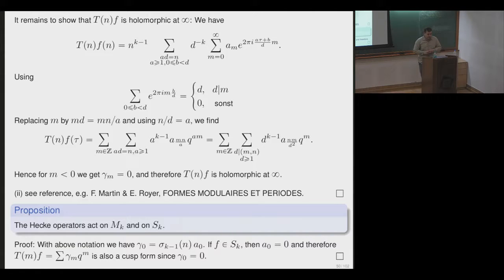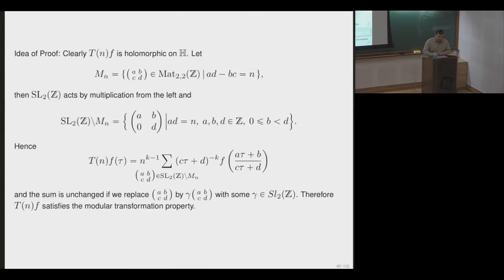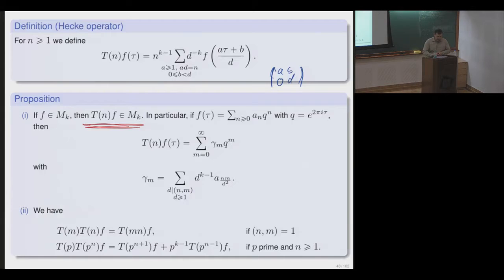And actually, you can use this explicit formula for these new Fourier coefficients after applying the Hecke operator, again playing with some identities for roots of unity, in order to prove this claimed commutativity of Hecke operators and this recursive property for prime powers.